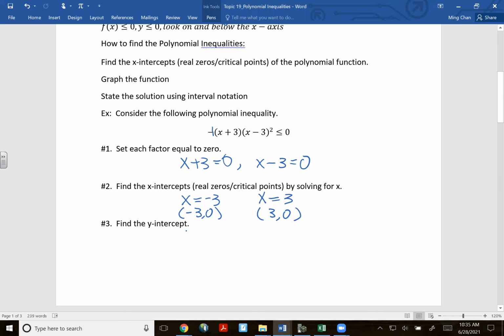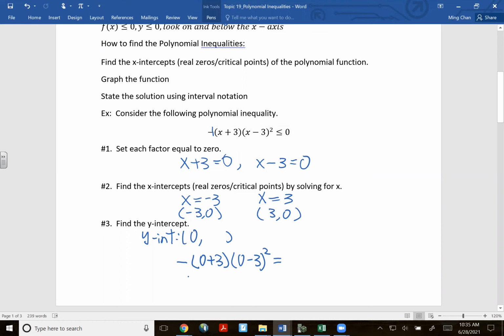All right, find the y-intercept. Finding the y-intercept means finding y when x is zero. So I'm going to substitute 0 into my polynomial function. That'll be negative, parentheses, 0 plus 3, times 0 minus 3, whole thing squared.